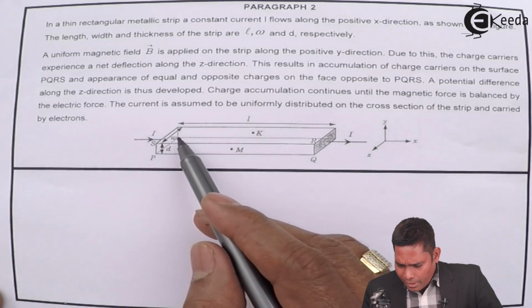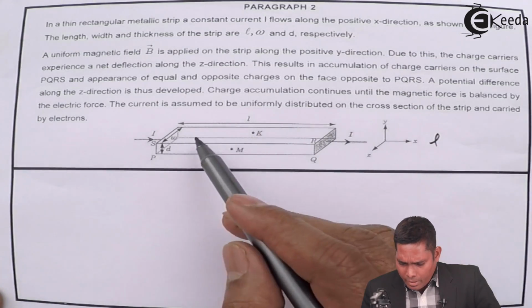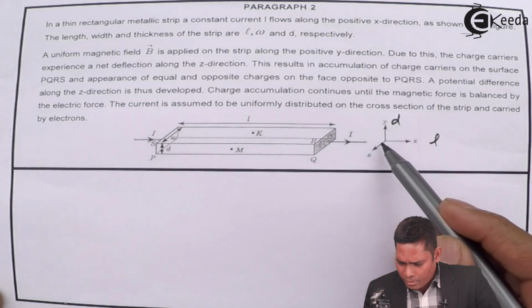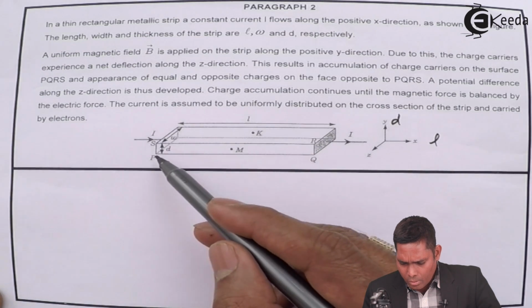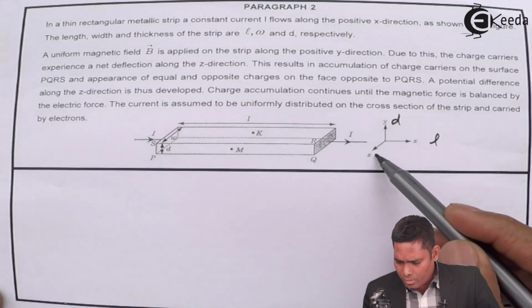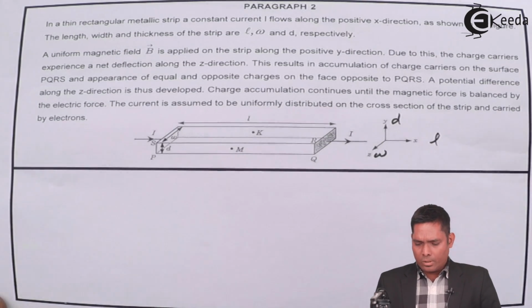The length is measured along the x-axis, along the y-axis the thickness d is measured, and along the z-axis the width is measured. This is how the diagram is.